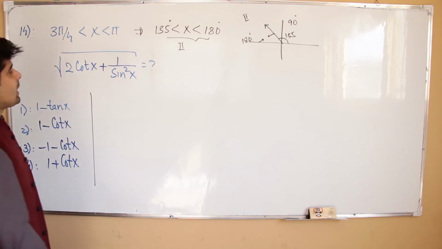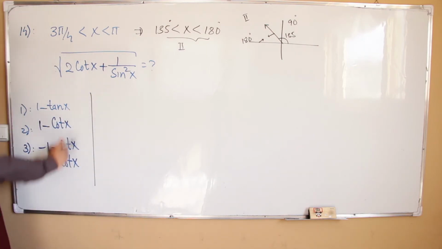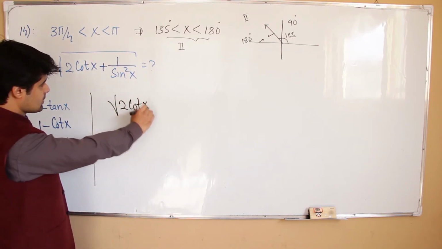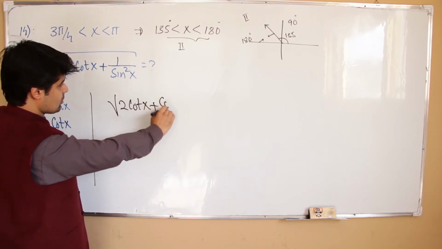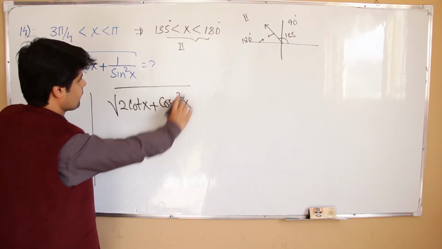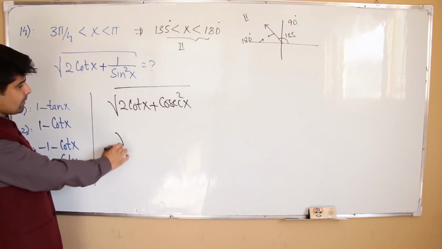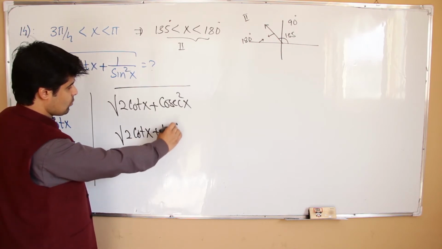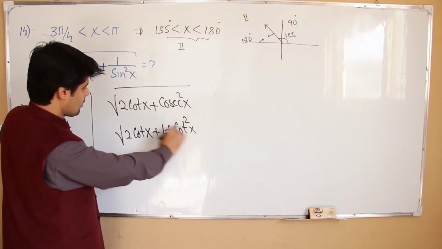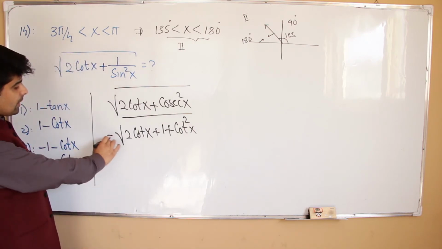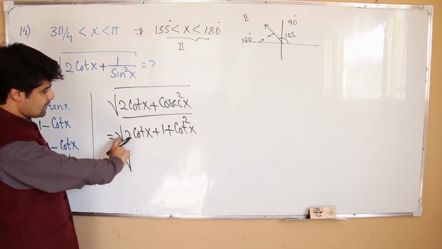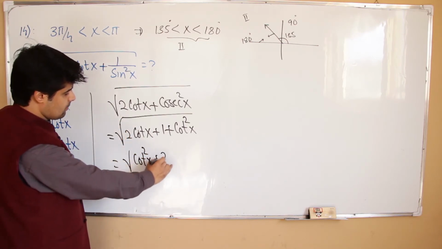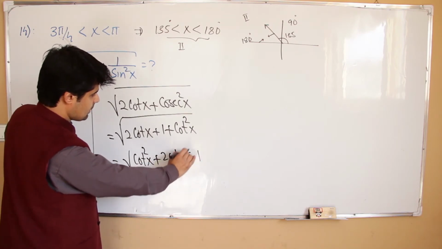Yes. Now what this expression is, these are the answers. Can I write this one? 2 cotangent x plus 1 divided by sine square is cosec square of x. Yes. So we can write 2 cotangent x plus, instead of cosec square, can I write 1 plus cotangent square of x? Yeah, we can do. Now if I arrange this expression, you will have cotangent square plus 2 cotangent x plus 1.